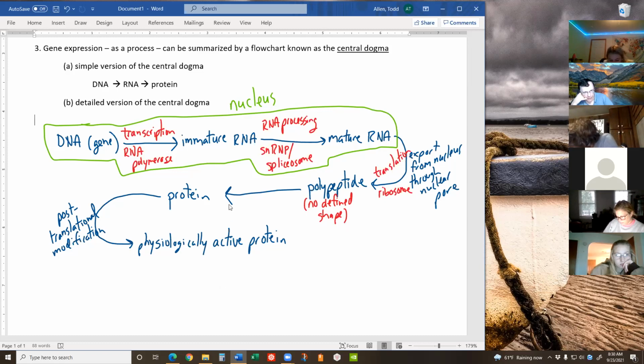Okay, so the polypeptide is going to fold. There's going to be a folding process that takes place inside the cell. That folding process is not entirely understood by science. We don't entirely understand it, but I will say to you that sometimes the polypeptide is folded into its proper shape by the activity of special proteins called chaperones.